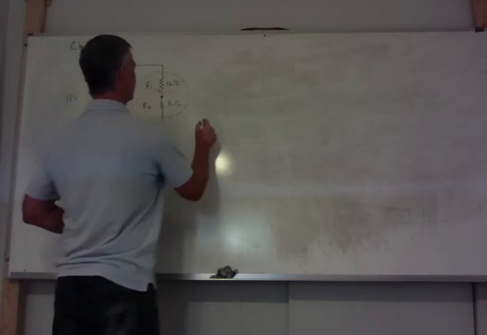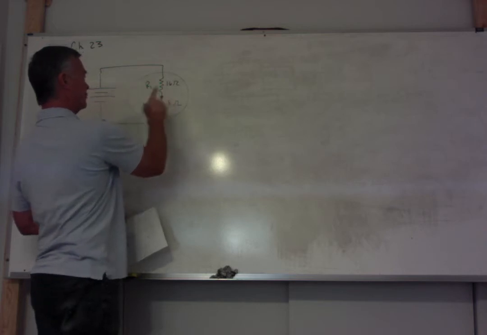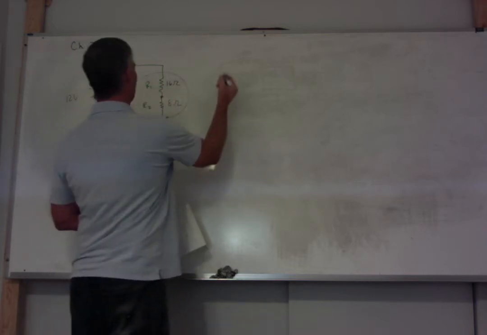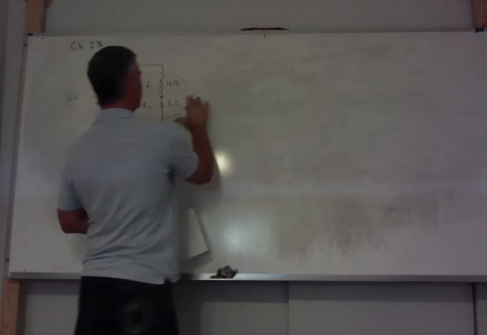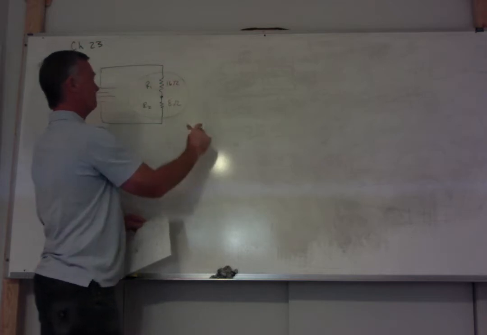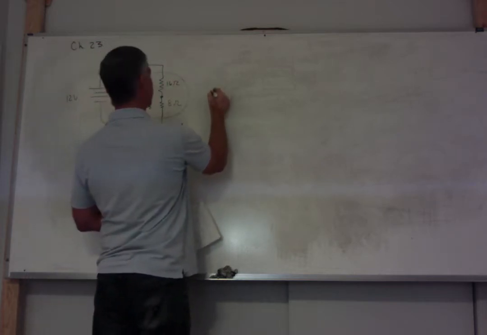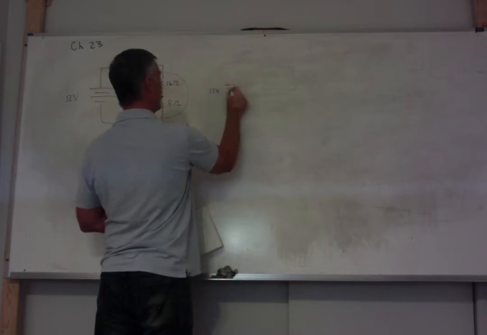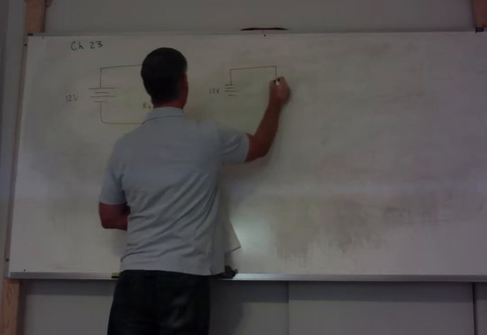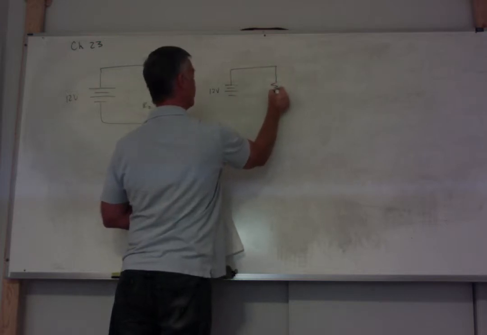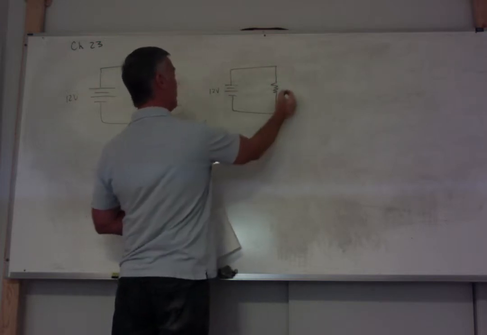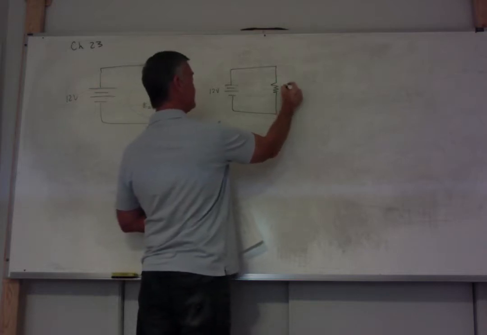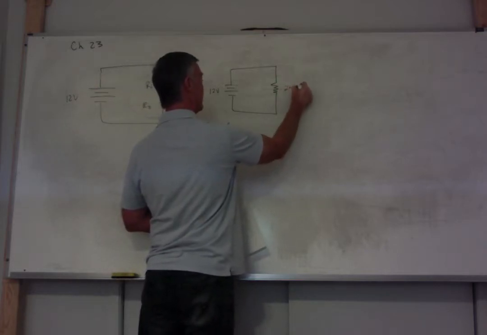But what we're going to be interested in is what happens across each resistor. But the way that we solve this problem is to work it out as a single one. And so we are going to take our 12 volts and think of this now as one resistor. And that one resistor would be 24 ohms.